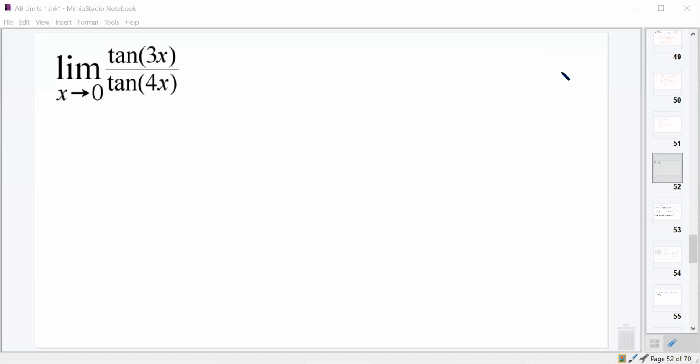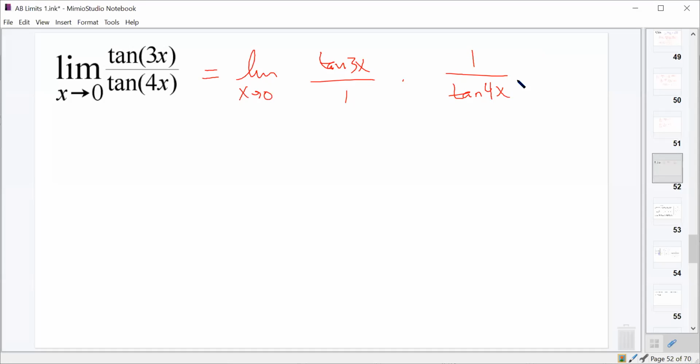Ready, go. So we will take this one and separate it out like we did with the sine one. Tangent 3x over 1 times 1 over tangent 4x. And in order to make these nice and simple limits, we'll put in a 3x and a 4x. The x's cancel each other out, which is good.